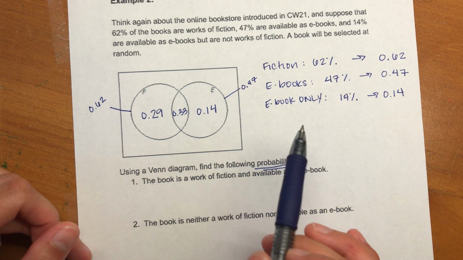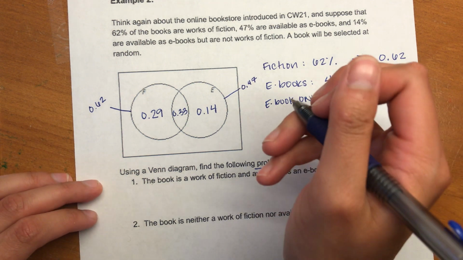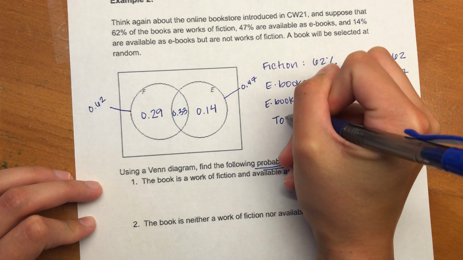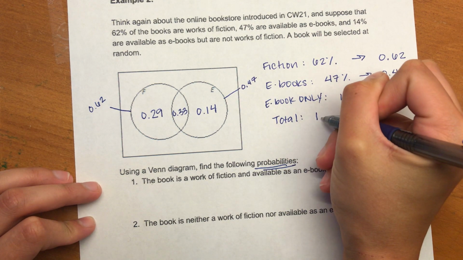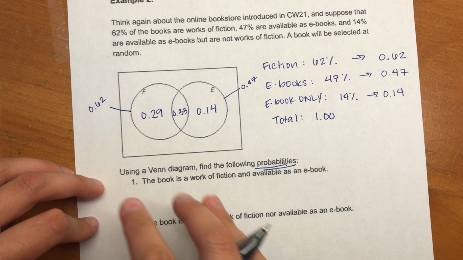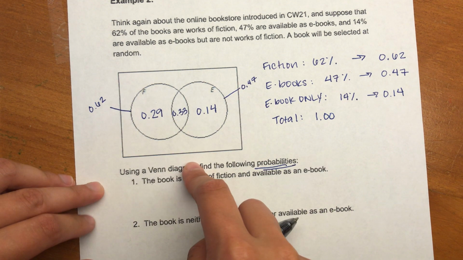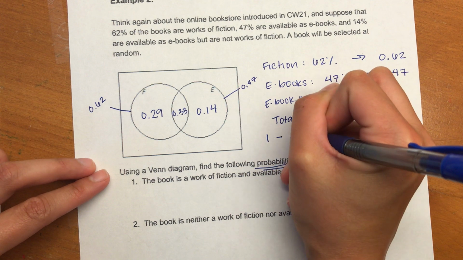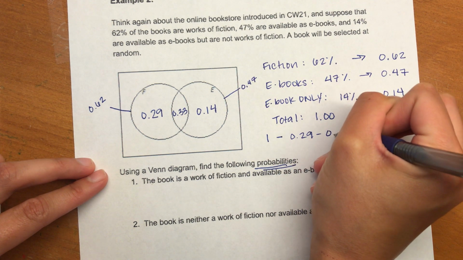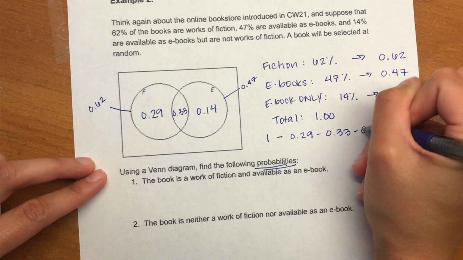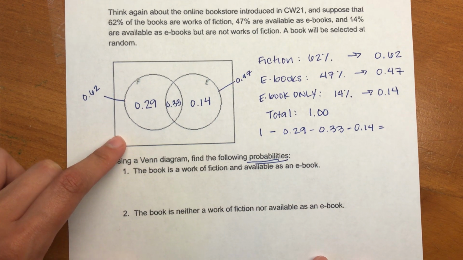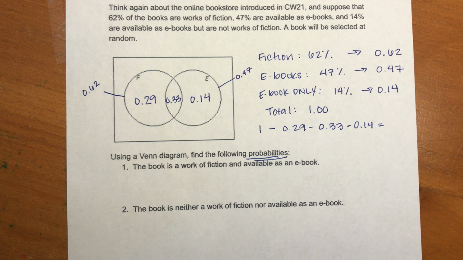And now once I've got all these, I still need to figure out what's the percent that are not ebooks and not fiction. So I'm going to do the total is, with probability, is always 1.00 because that's all of everything included. So the total, I'm going to do 1 minus 0.29 minus 0.33 minus 0.14 in order to get how many books are not fiction and not ebooks.